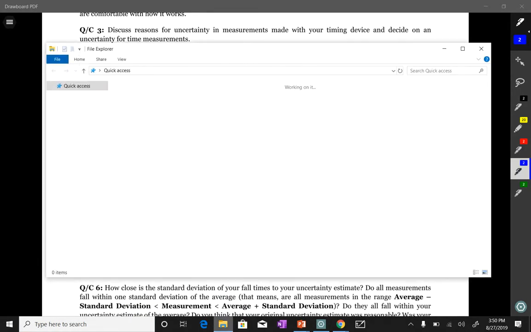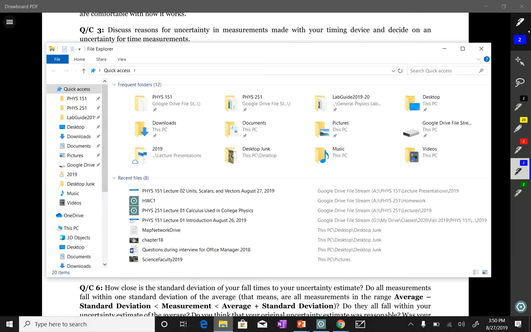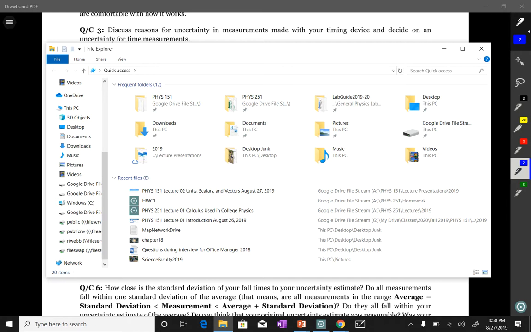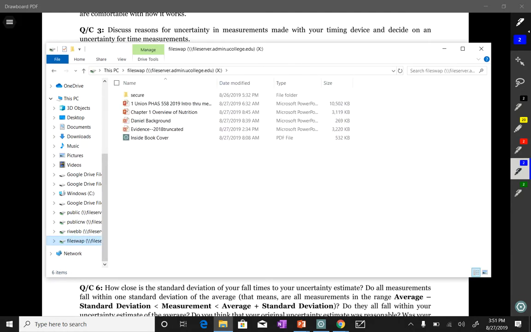So the timer that I have for you, assuming I can get there, which I think is true, I don't think it is on this. Well, I can find it in a different place.